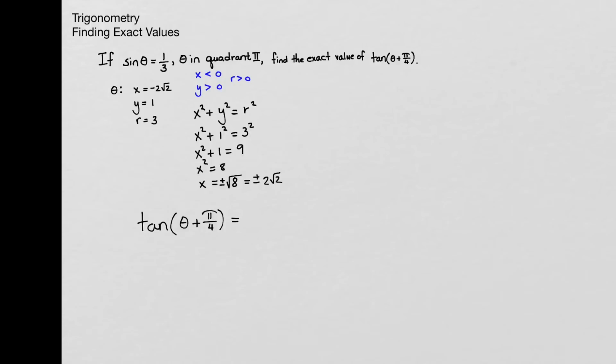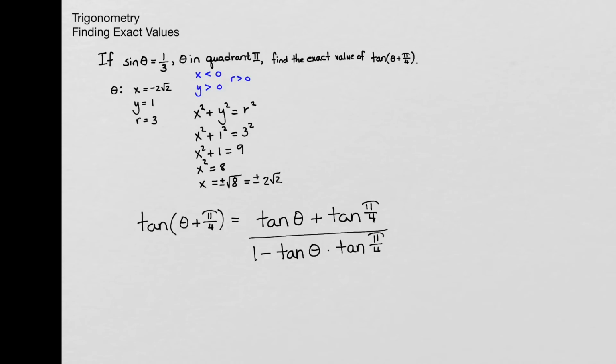And the formula for this, tangent of alpha plus beta, is tangent alpha, in this case that's theta, plus tangent of beta, which in this case is pi over 4, all over 1 minus tangent theta times tangent pi over 4.